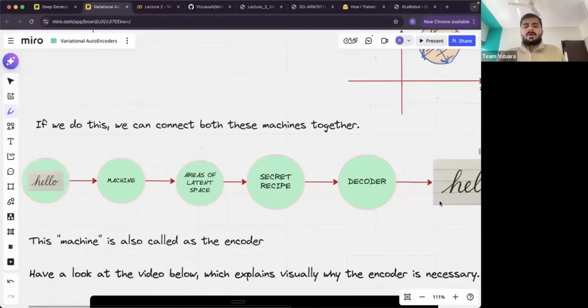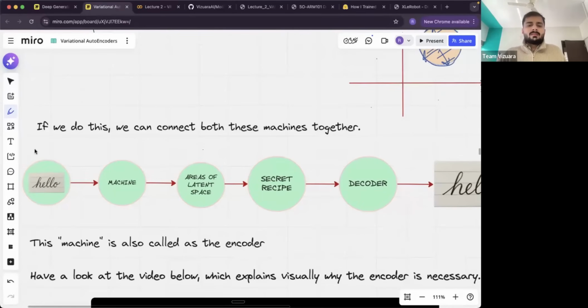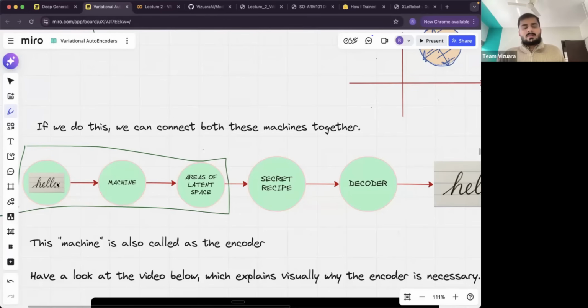And our final machine looks as follows. Initially, we just had this part, which is the encoder. What the encoder does is it takes the input image and finds out the area of the latent space, which is the secret recipe, which is then passed to the decoder, and you try to reconstruct the original image.